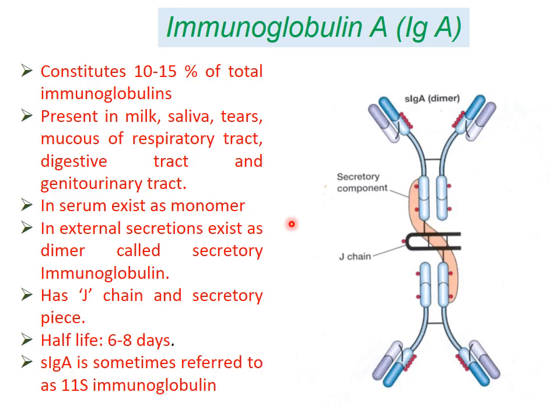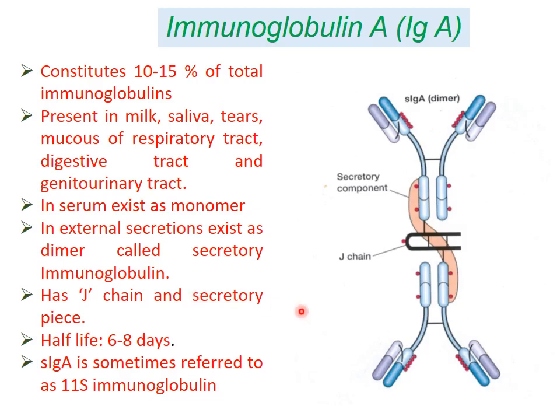In the serum, it exists as a monomer, but in the external secretion, it exists as a dimer. This dimeric form which is secreted is called secretory immunoglobulin.